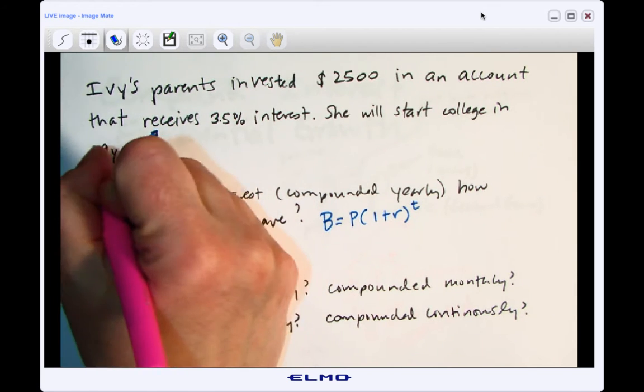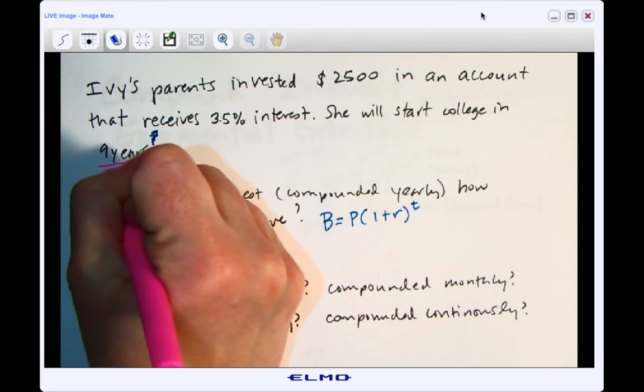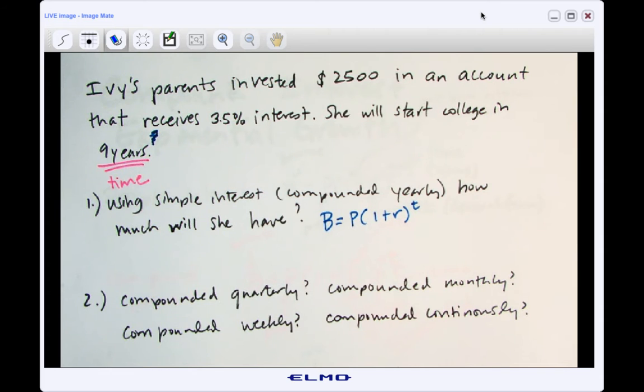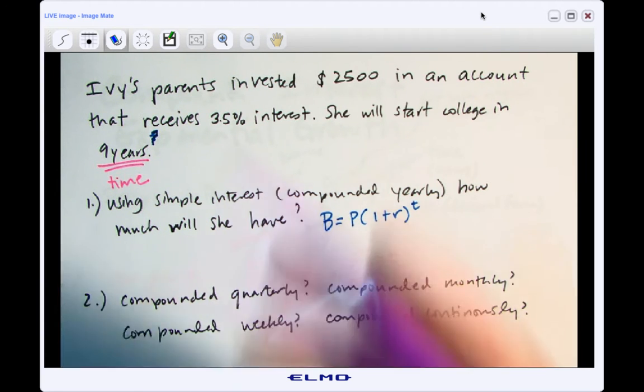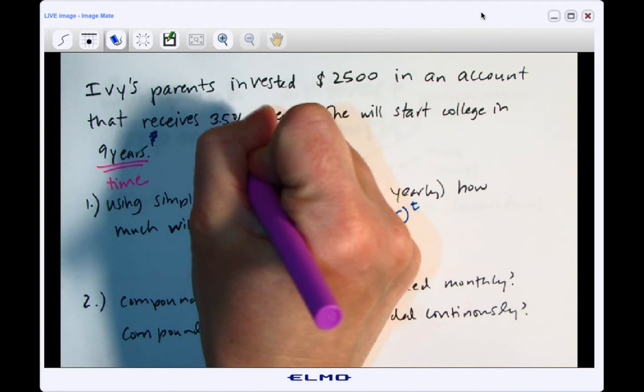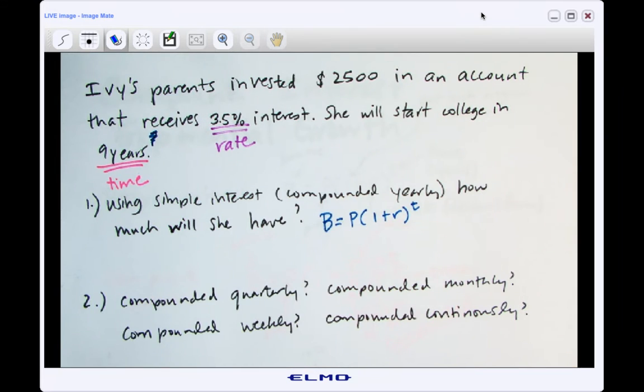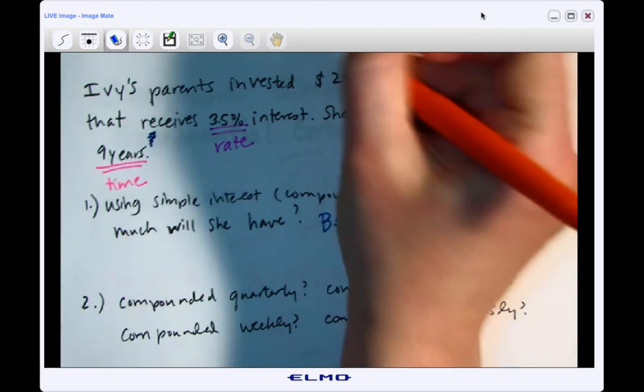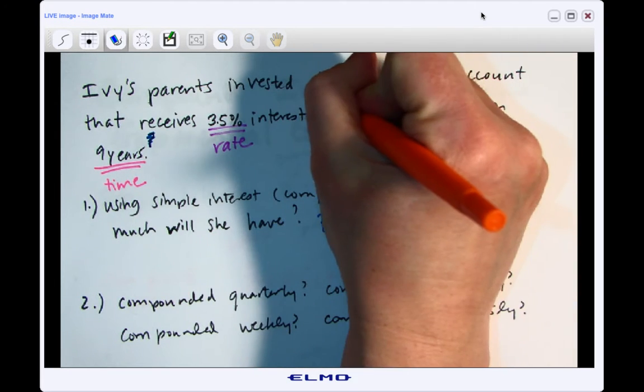So what do we know? We know the years, right? So this one would be time. What else do we know? We know the rate. So here's our rate right here. And we know the initial amount, so the principal, right?